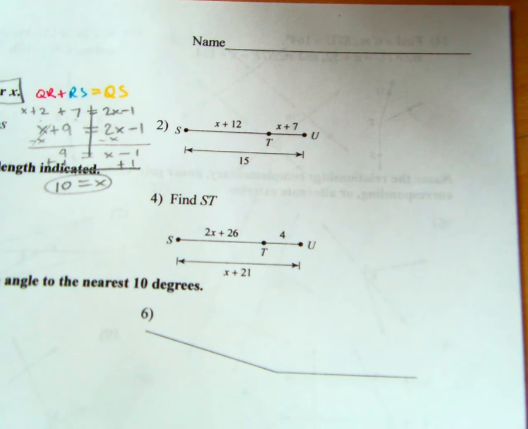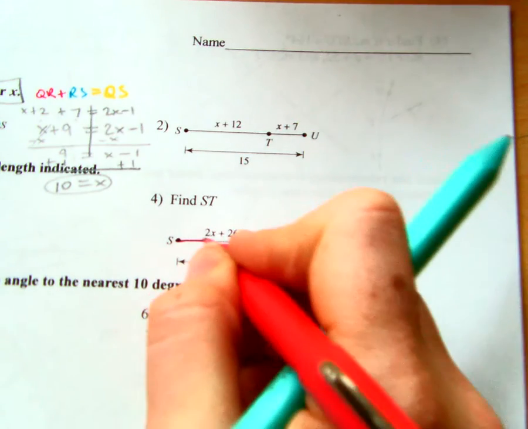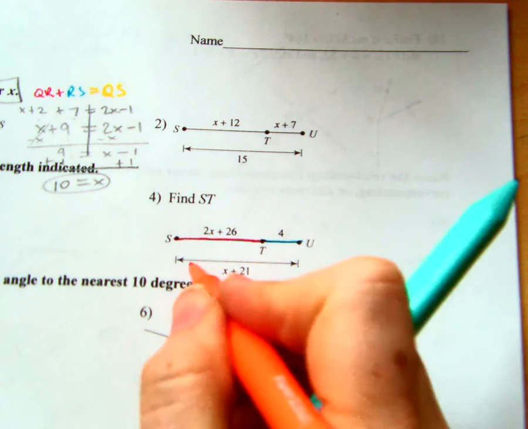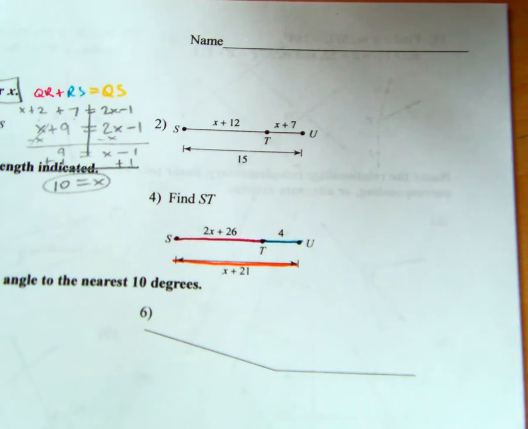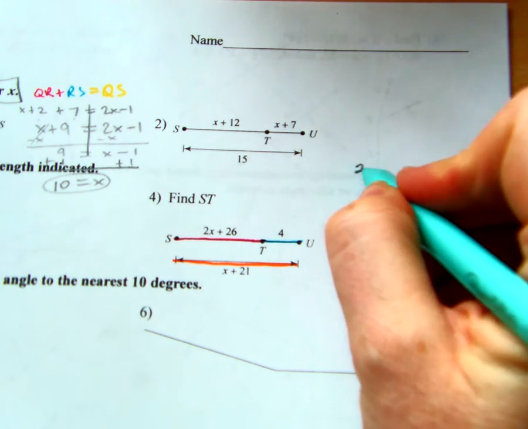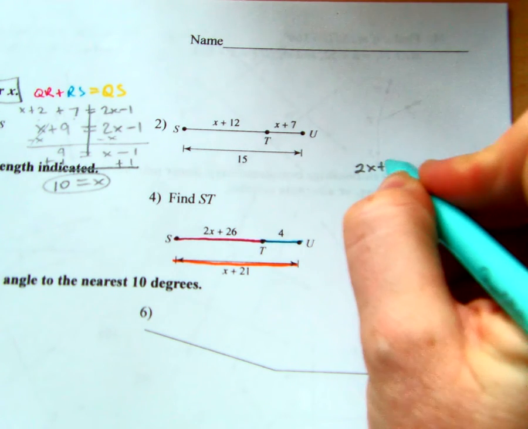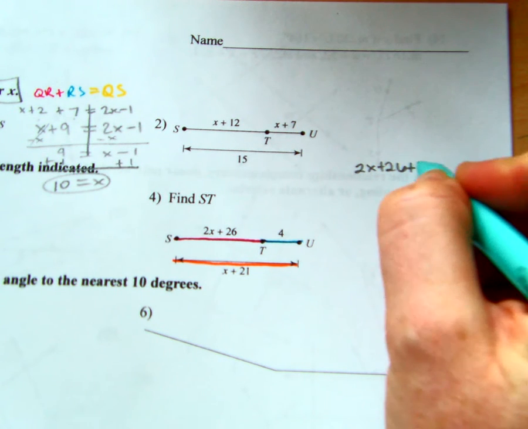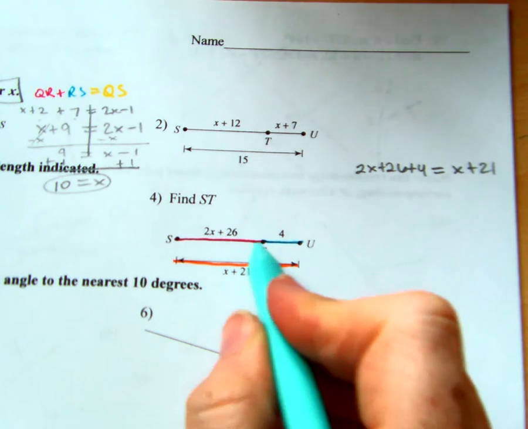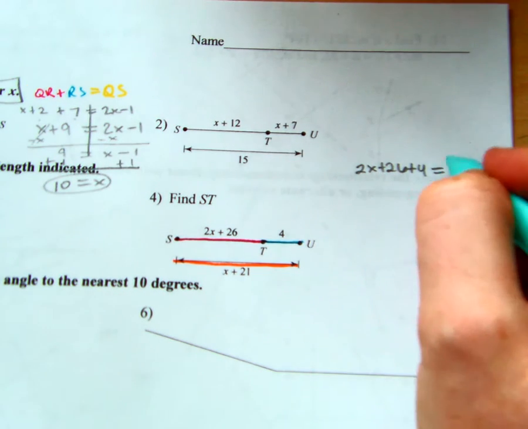We have ST plus TU is going to be equal to SU, the entire thing. We can say ST, which is 2x plus 26, plus TU, which is 4, is equal to x plus 21. So part plus part equals whole.